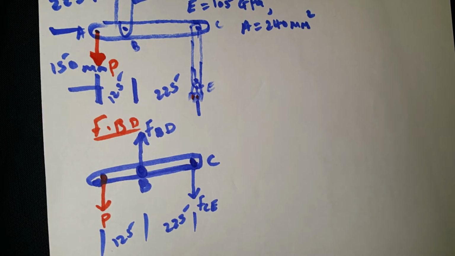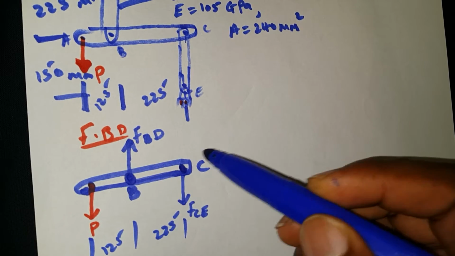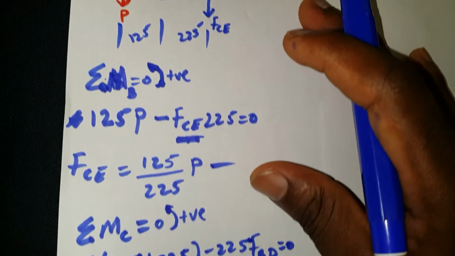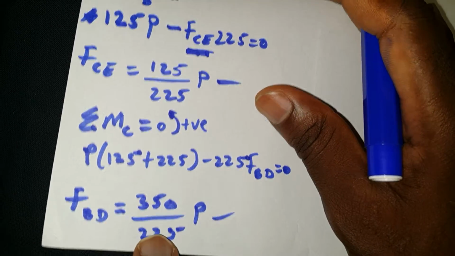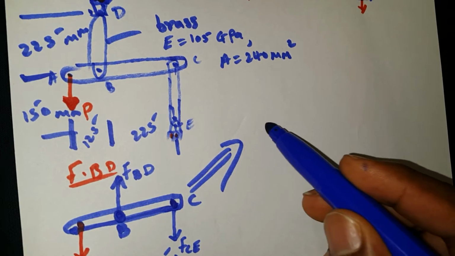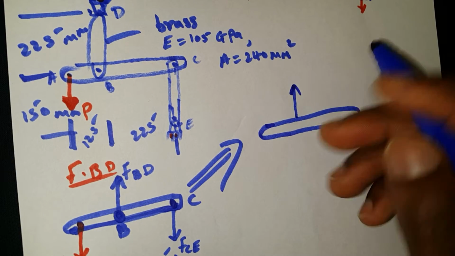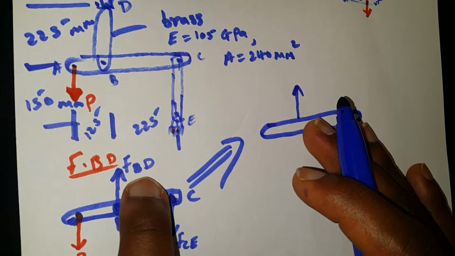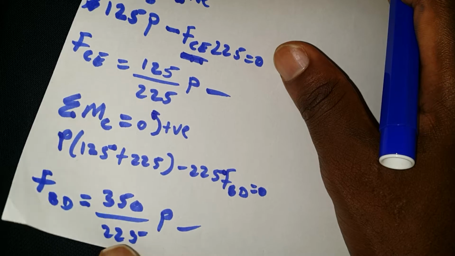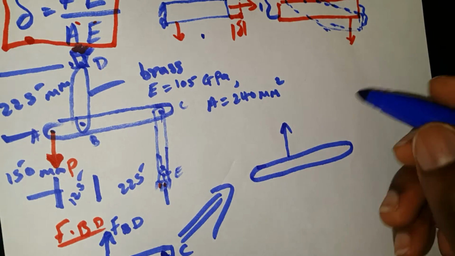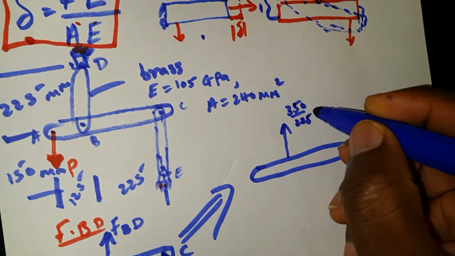If you come here, you can show from what we found here as FCE and FBD, you can show here that this is now like this. Replace FBD with this, 350 over 225P.